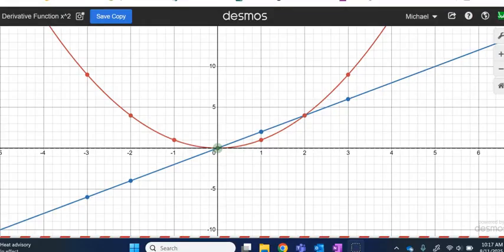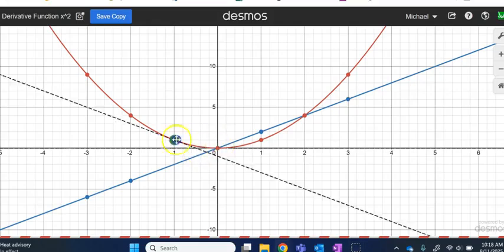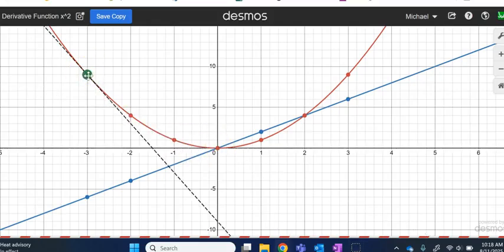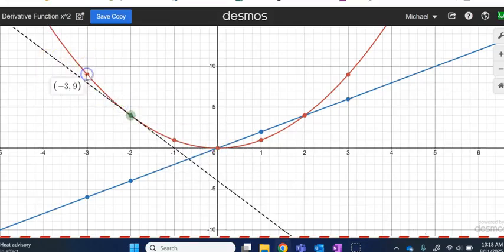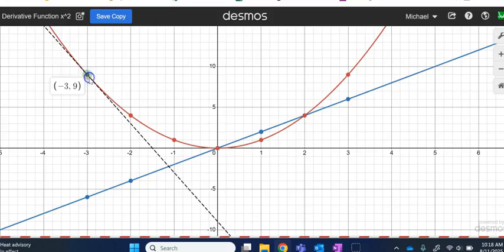Okay, here is that same graph as a dynamic Desmos application. So what we have here is that original function x squared, and what I'm proposing is what we call the derivative function 2x. So I'm going to go back to this point on the left here. Let me just label it -3, 9. Okay, that means -3 squared is 9. If we look at the derivative there, I have a little graphic here.